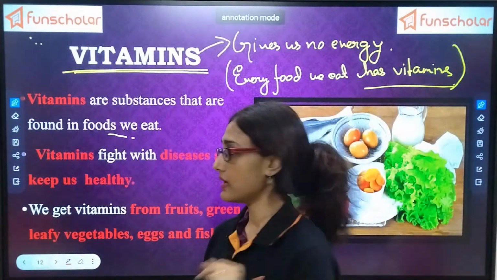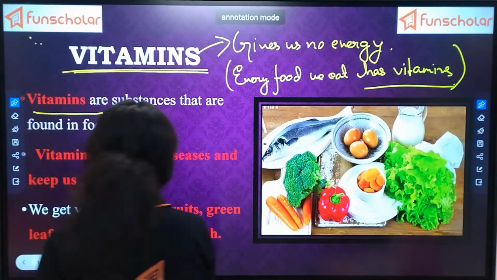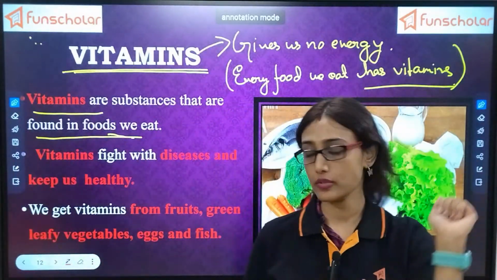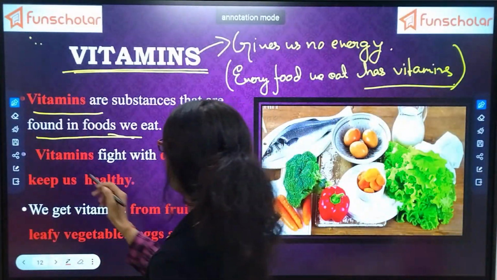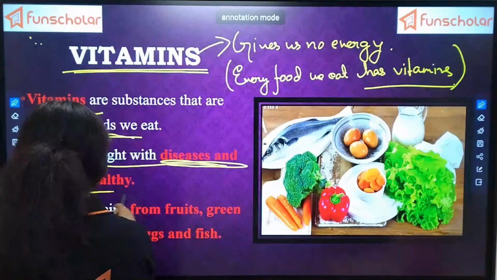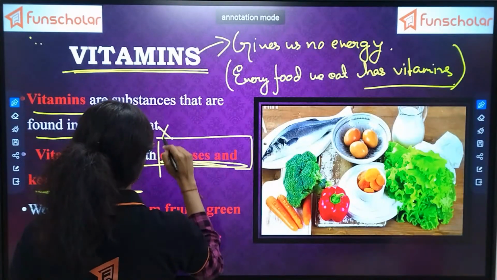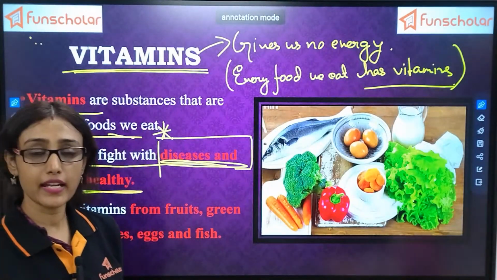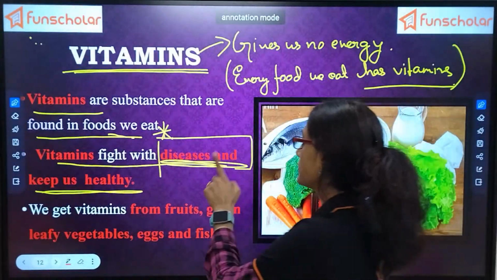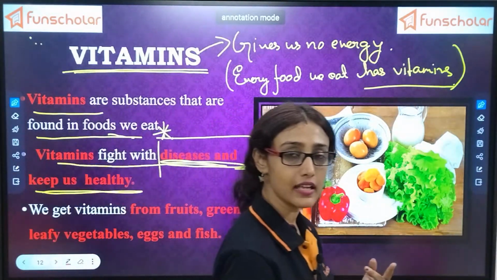Right? Okay. Now let's read. Vitamins are substances that are found in food we eat. I have already told you this. Vitamins fight with diseases and keeps us healthy. Very important. Which nutrient helps you to fight against diseases? The answer will be vitamin. Which nutrient provides you more energy than carbohydrate?